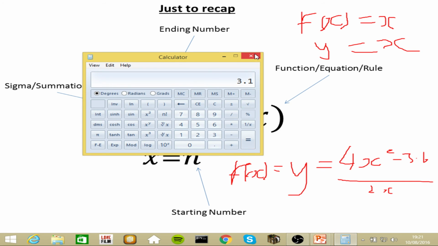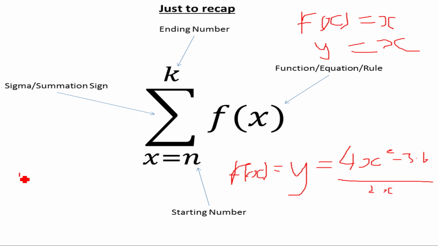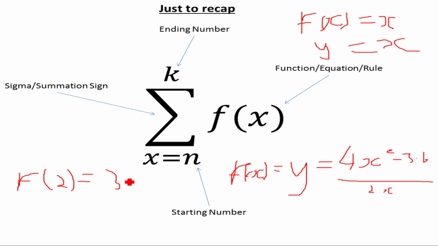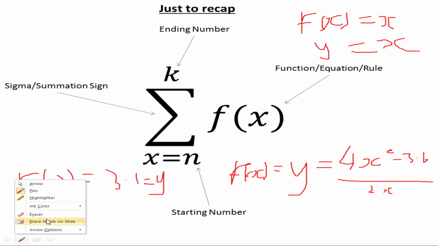So there we go, y would equal 3.1, and so would f, wait, this number was 3, right? No, 2. So if we put f of 2, then that would equal 3.1, which would equal y. But that's for another video when we do integrals and stuff.